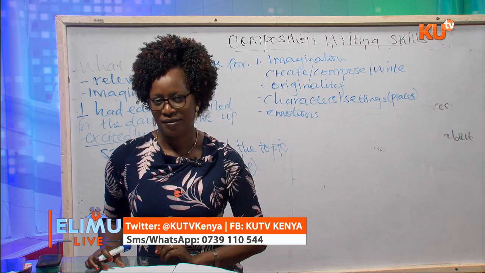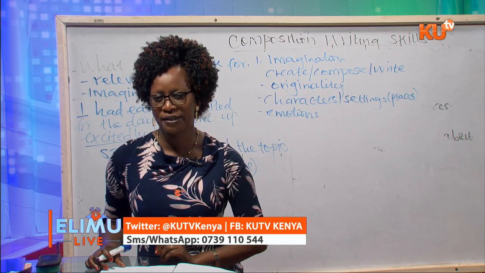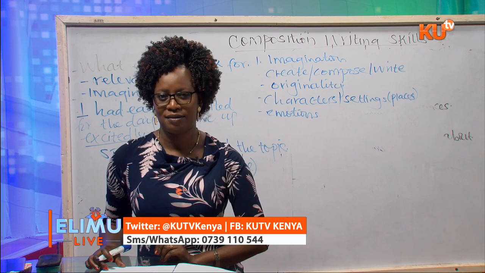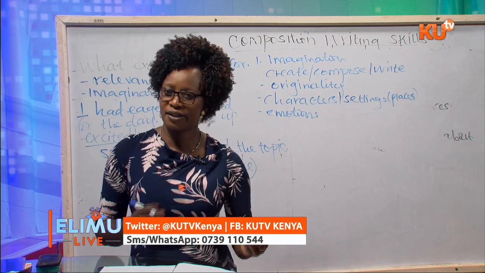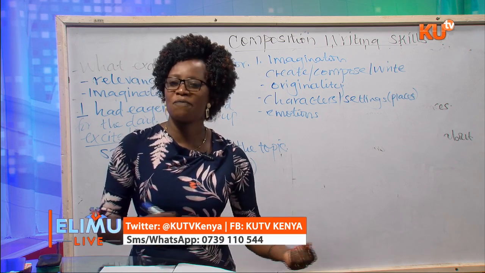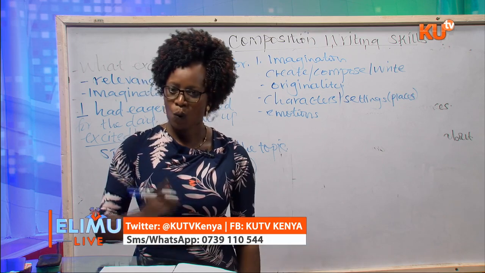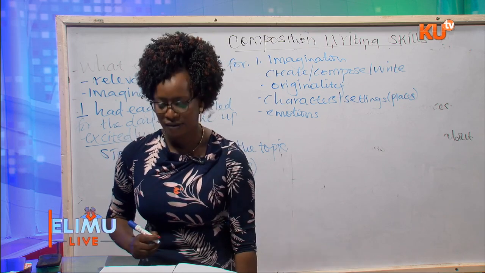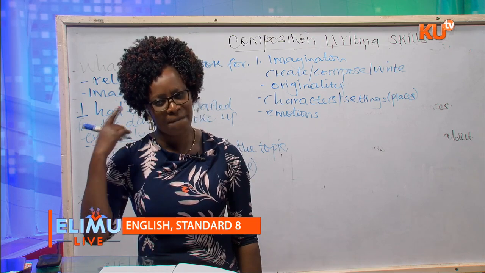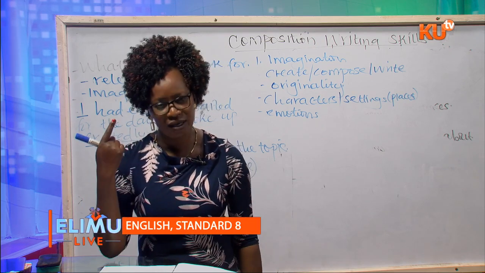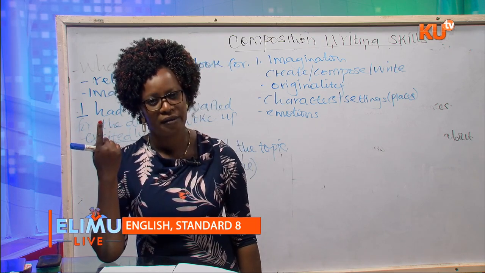How do we do this? How can you get good story ideas to connect to the story that you have been given? One way that you can do that is by remembering a story that you have read.